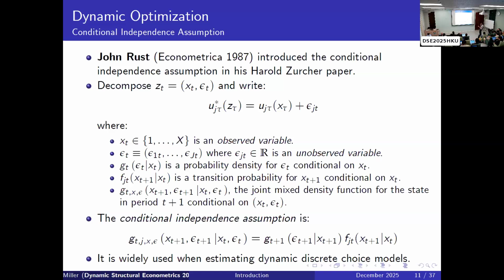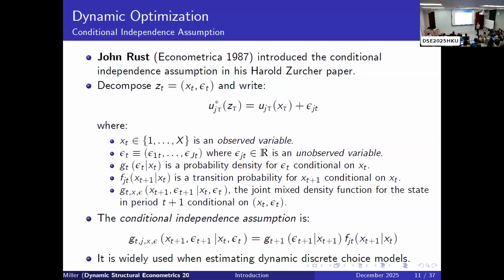So here is an assumption that I'm going to go with, and it's widely used in estimating dynamic discrete choice models, both at the individual level and also at the multi-player level. Very often. Here's the idea. We're going to decompose what the individual sees into two things.